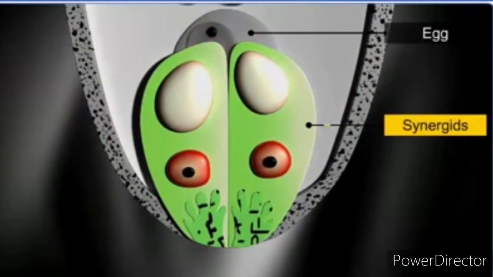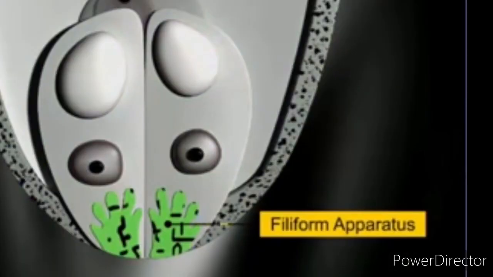The egg apparatus contains 3 cells: 2 synergids on the sides and the egg cell in the middle.